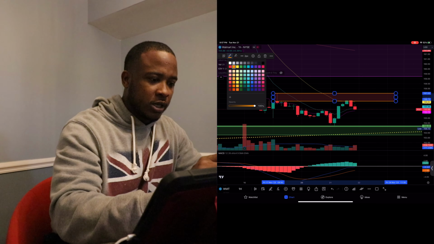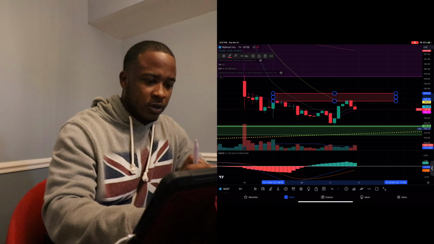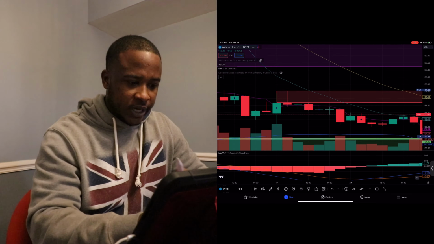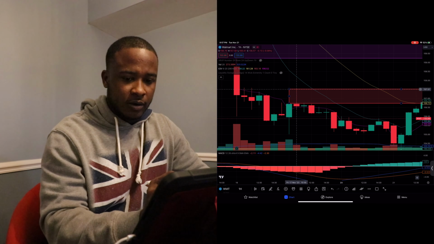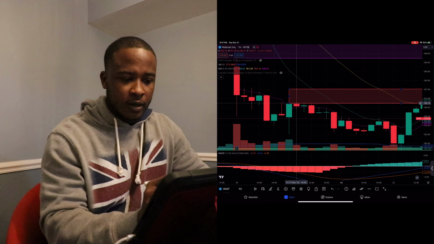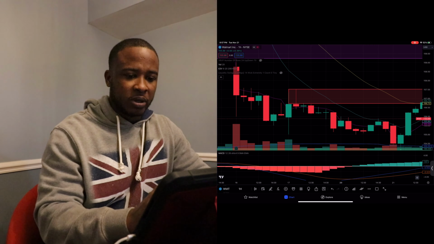The reason why is because when we come across these wicks, this area right here from 157.54 down to 156.75, a lot of selling took place.